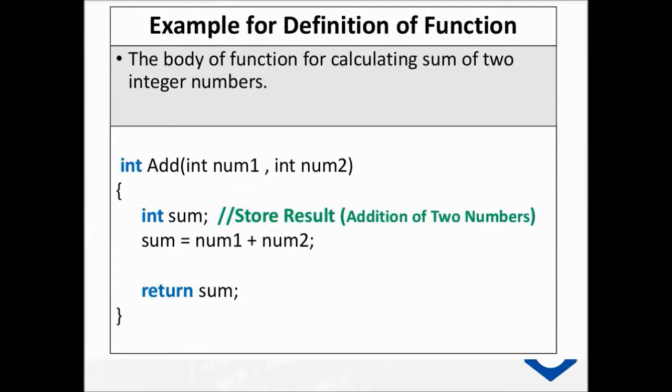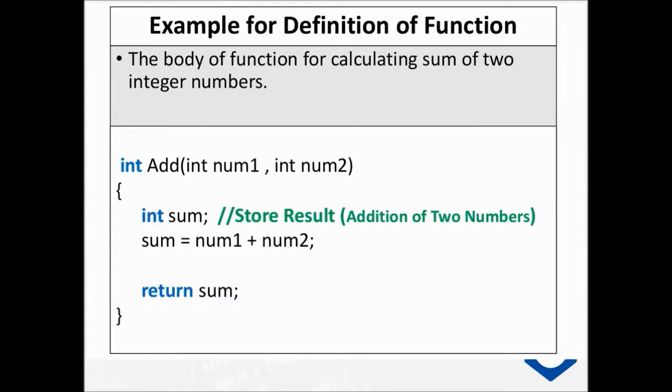The function for calculating the sum of two integer numbers must look like this: first we define the function with int add, int number 1 and int number 2. Then we write the body of this function. In the body of this function we use number 1 and number 2. We add them and place their sum into another variable, and we name that variable sum.